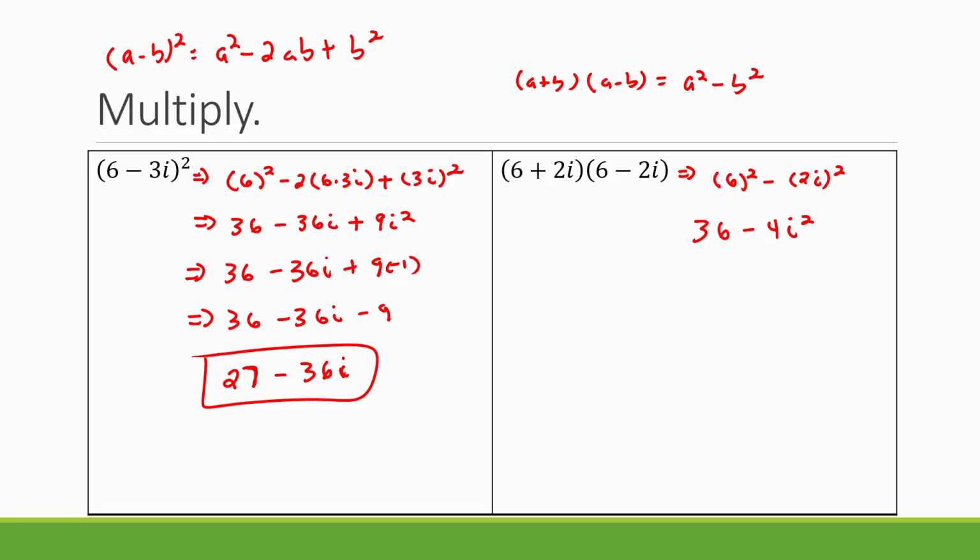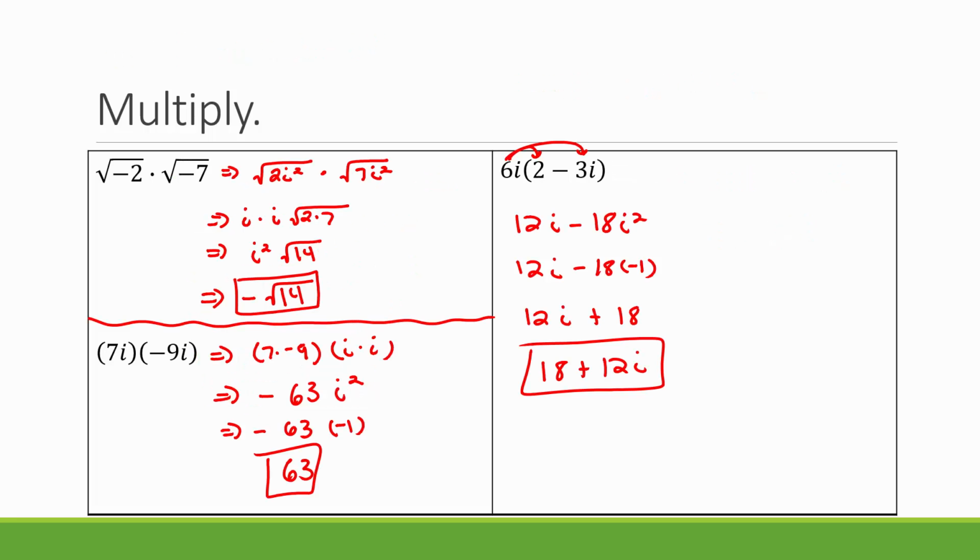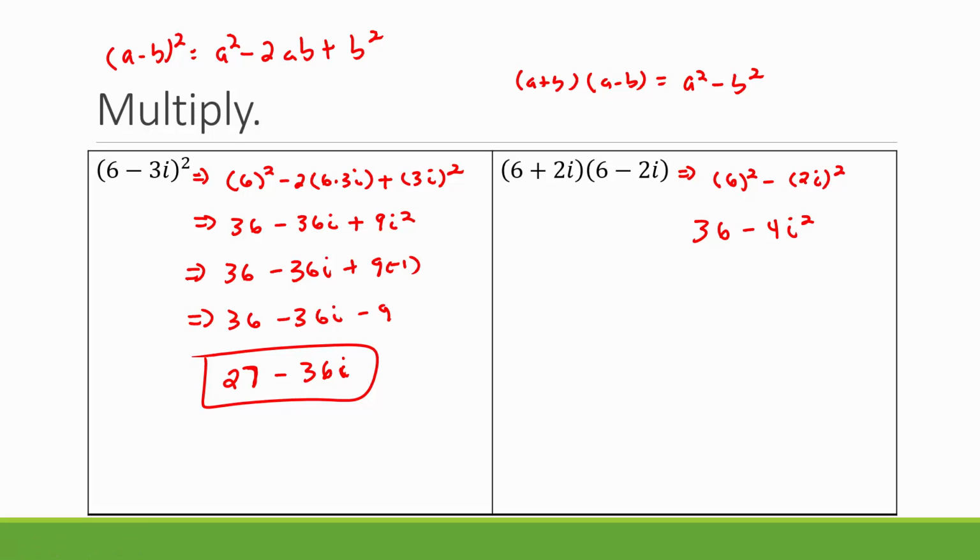I squared outside, that's not underneath the radical, so that changes to -1. So minus 4 times -1 changes to +4. Final answer, 40.